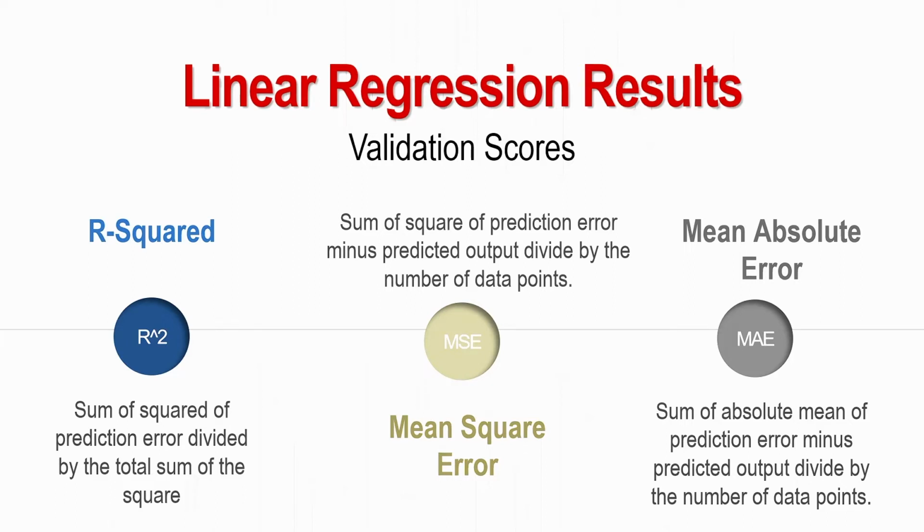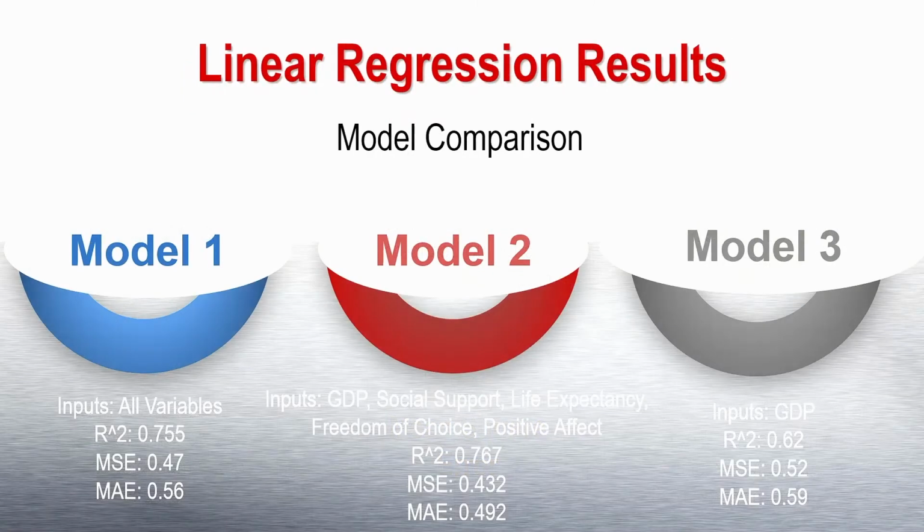They're all relative to model comparison. So let's go ahead and take a look at each model that we developed and designed and see what our scores were. We did tests on 3 different models. Model 1 used all the variables that we discussed earlier in our data set, fed all the variables through our linear regression algorithm, and got a pretty solid R squared score, MSE score, and MAE score. That's pretty decent. But we also threw variables in there that probably didn't have the greatest correlation.